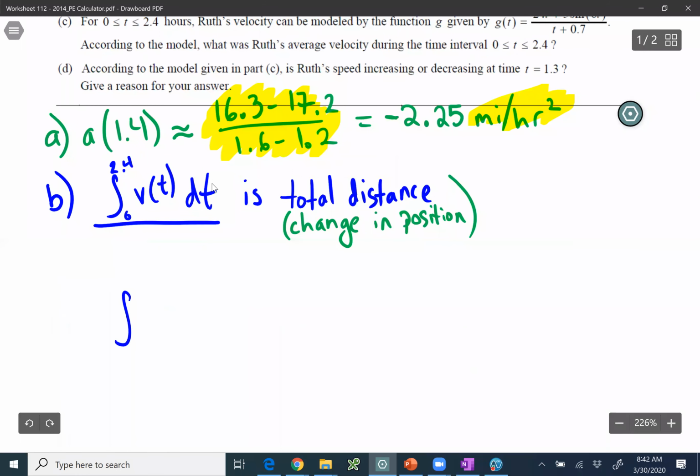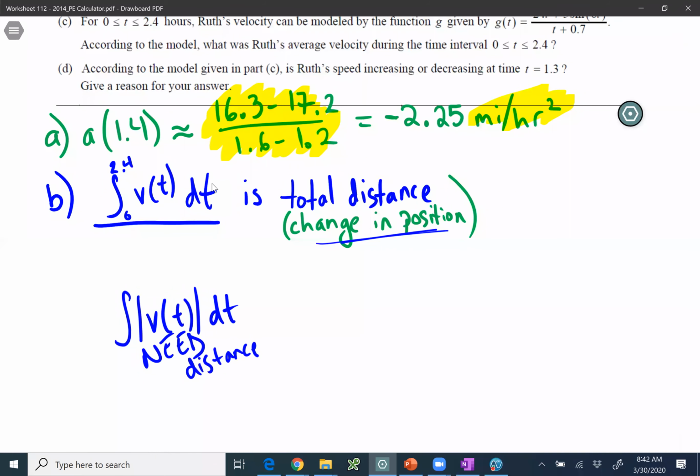The one time you do need total distance is when it has absolute value. Whereas without absolute value, either one's okay. And position's actually kind of always right. So if you want to do that, that's great. Okay, now after you do the change in position, you need in.